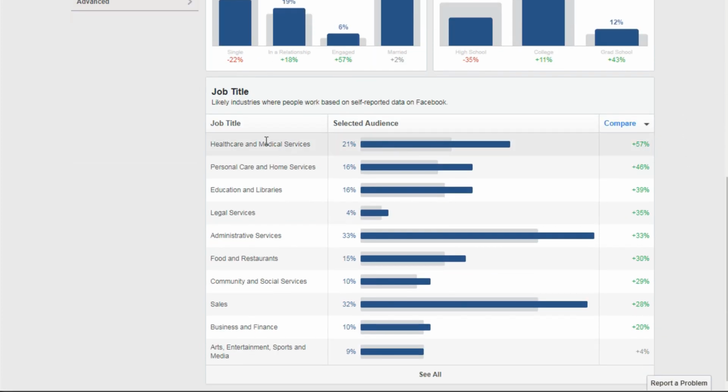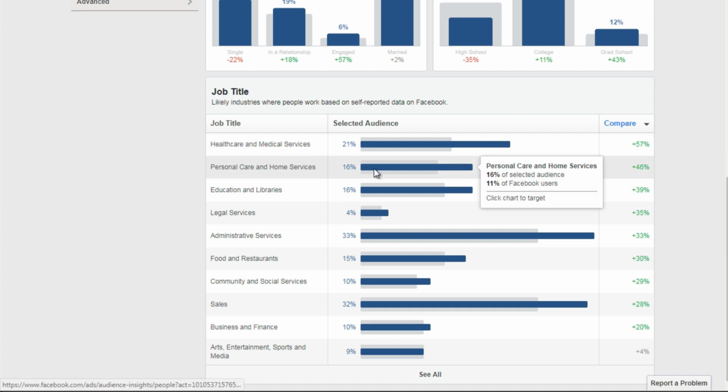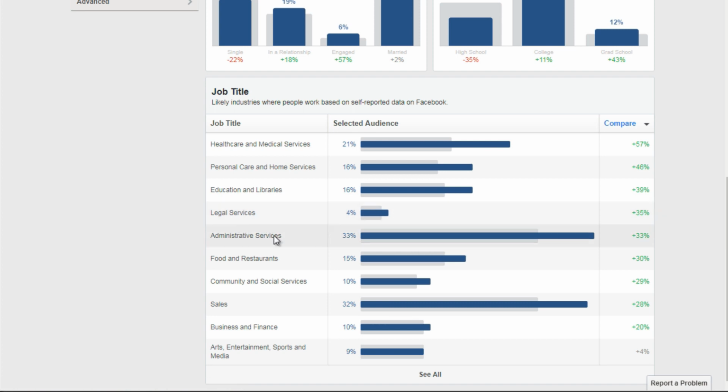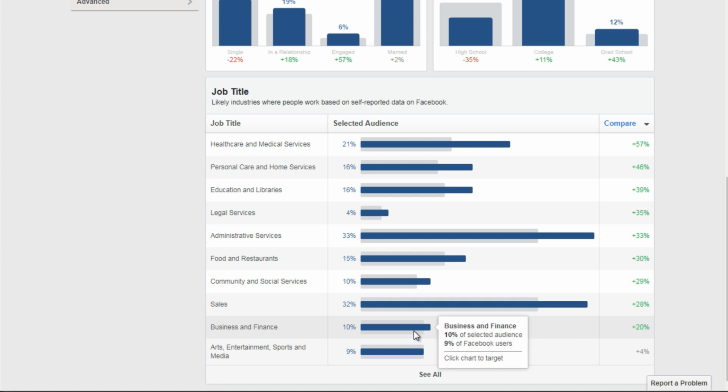A lot of them are into healthcare and medical services, personal care and home services, education and libraries, legal services. So not necessarily technical, but they are very highly into healthcare. So we don't know exactly why until we actually go to the pages that they like and look at that. So we can see business and finance, that's sort of techie.